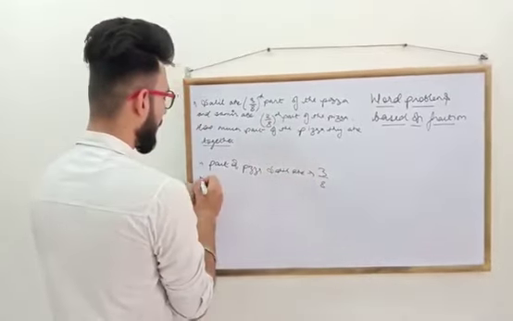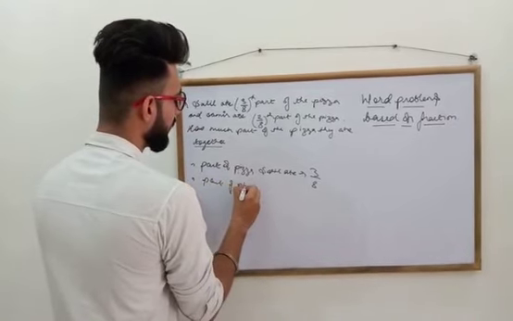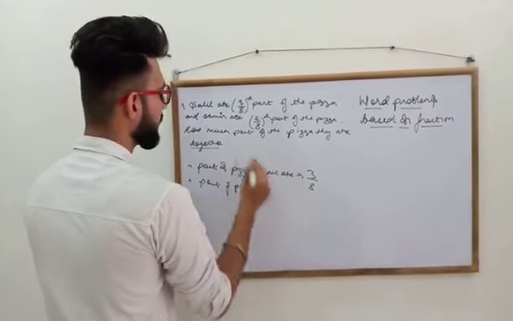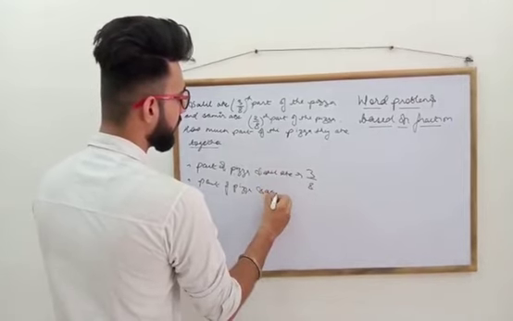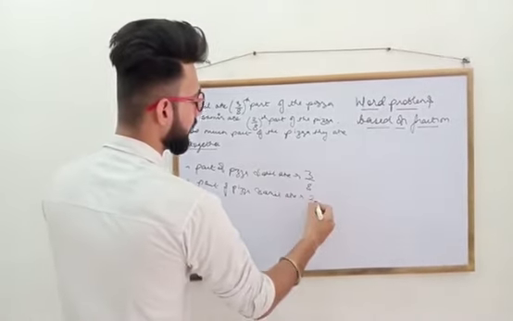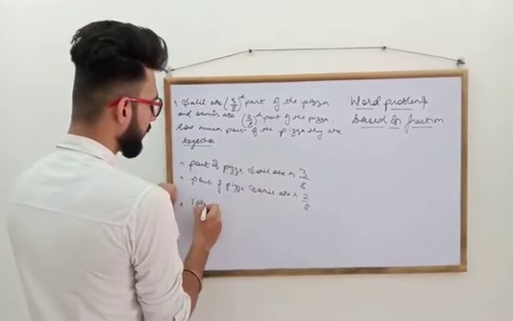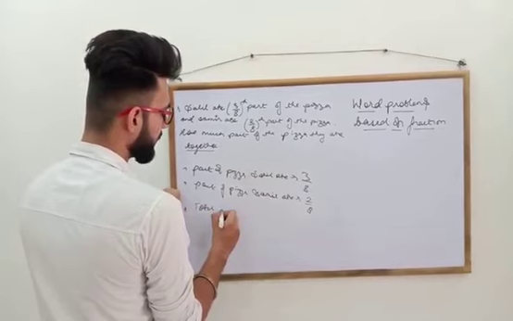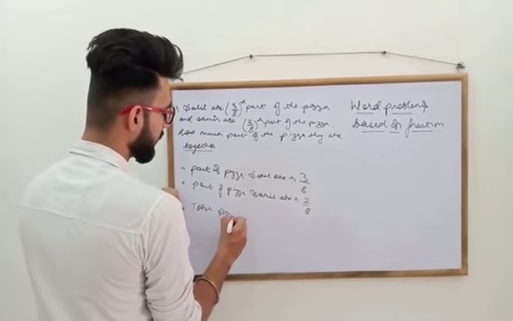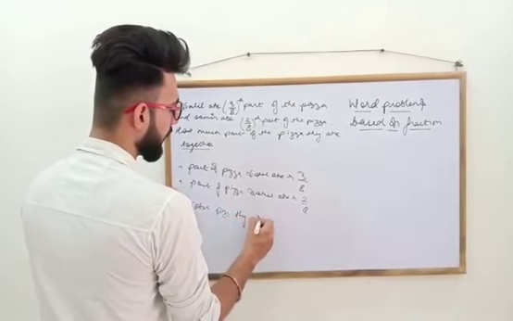Again, part of the pizza Sameer ate is 2/8. Okay. Now we need to find out the total pizza, the total part of the pizza they ate.